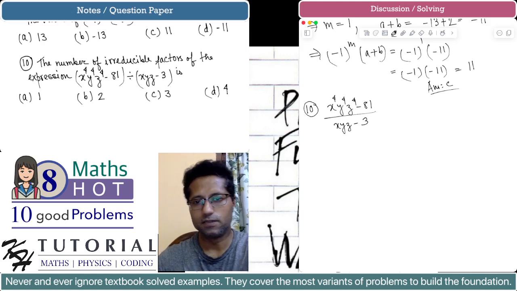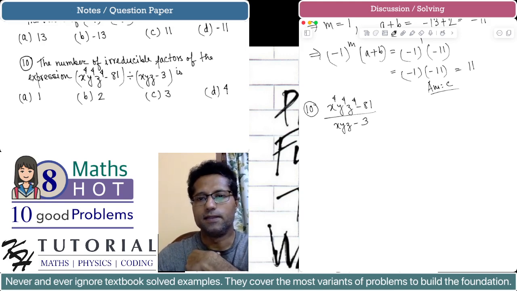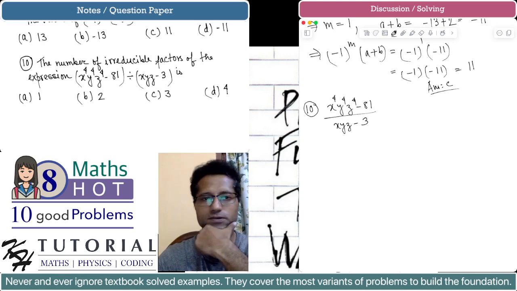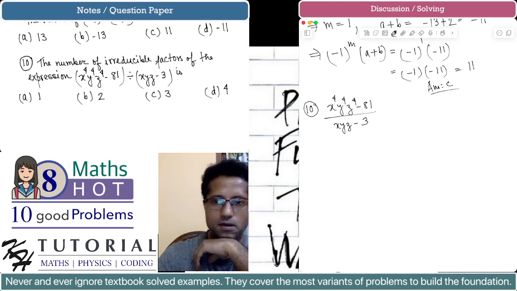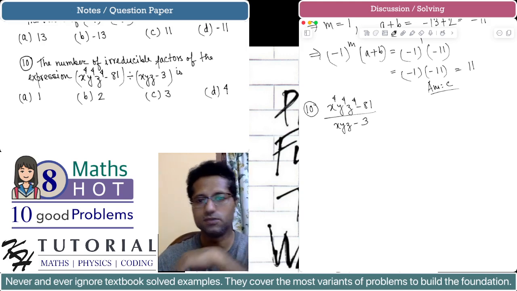So we have to see whether xyz minus 3 is a factor of the expression in the numerator, and then cancel that out, and see what the remaining factors are in the simplified version of this expression.